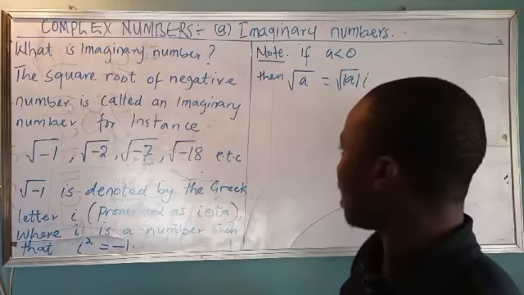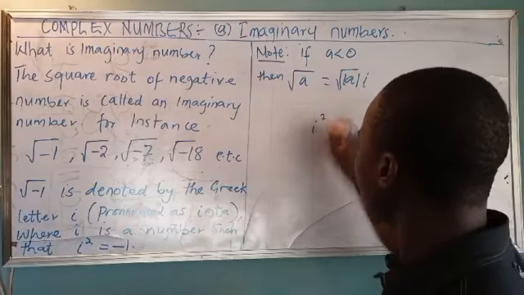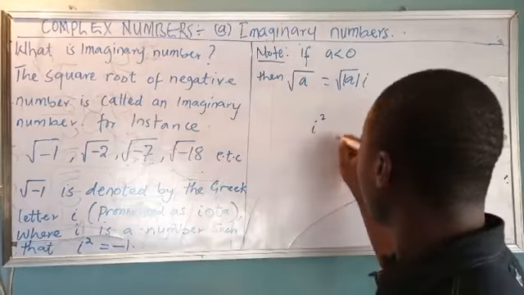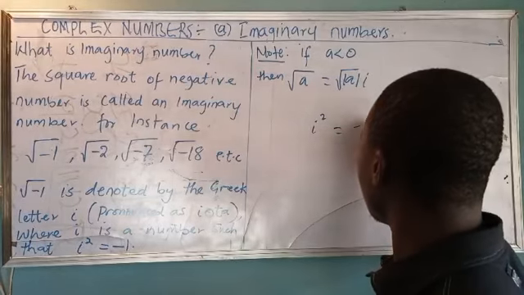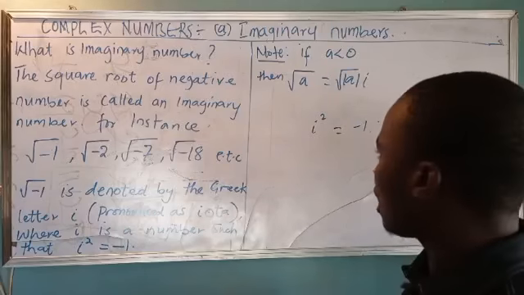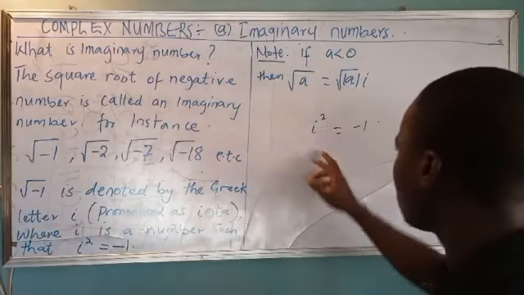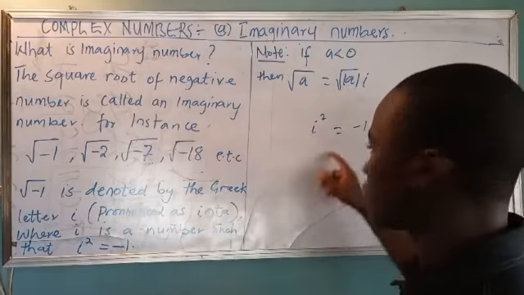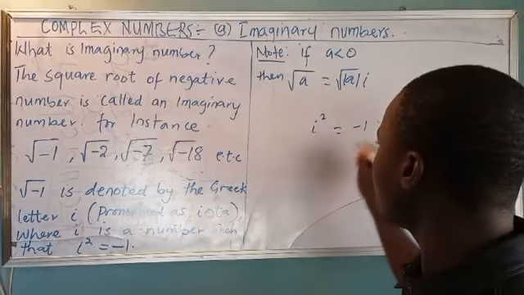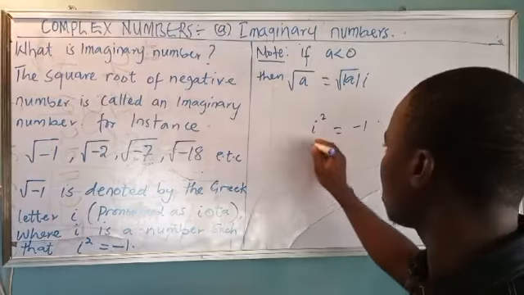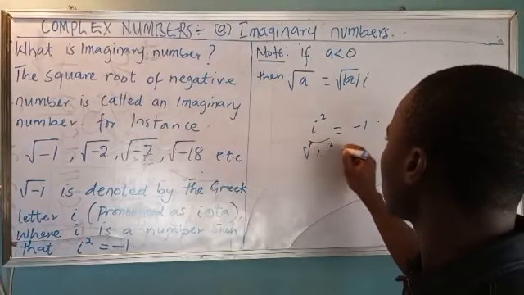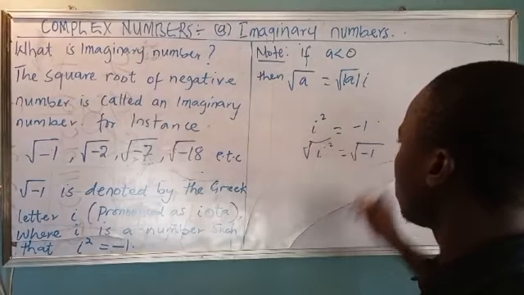So from here, let me bring out some things for you. Let's say we have I to the power 2 equals -1. How do we get I to be root of -1? From here, if I squared equals -1, if you square root both sides, you see that we have root of I squared equals root of -1.